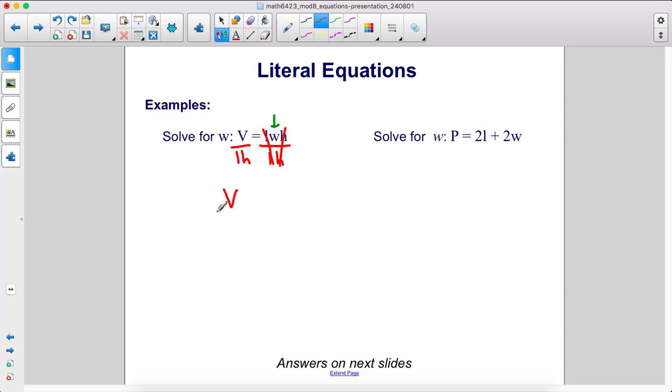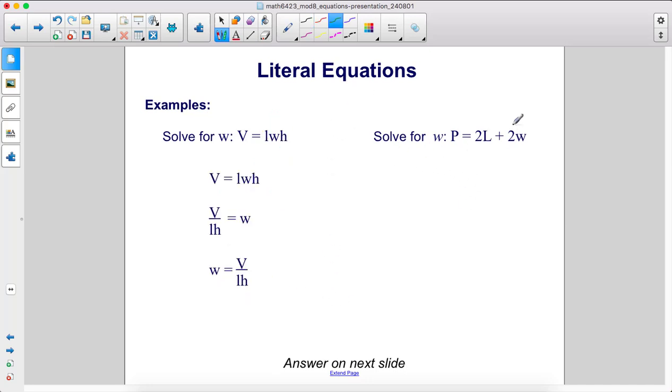And we get V over LH equals W. I'm going to make this a curly L so that it looks more like an L and less like a 1. And then we're just going to flip it around because we like when it says W equals V over LH.